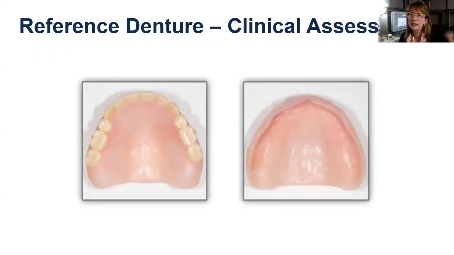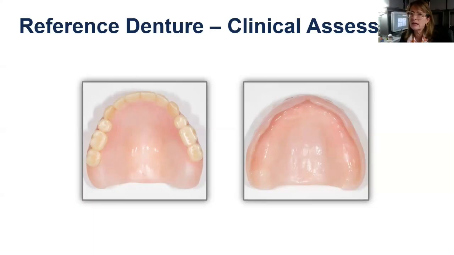We've become a little less strict as far as if it had been broken or if a tooth was missing. Initially, we didn't think that would be a good candidate. And we've shifted our thought process on that because truly it has become a custom tray. That's really all the existing denture is.